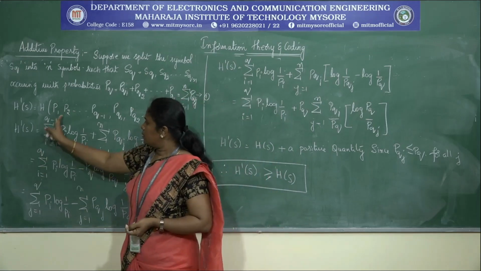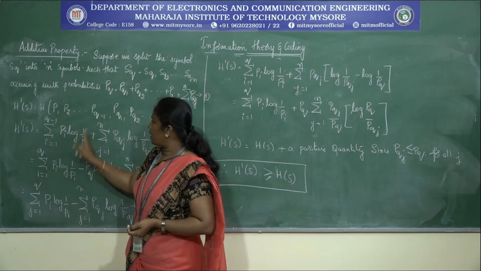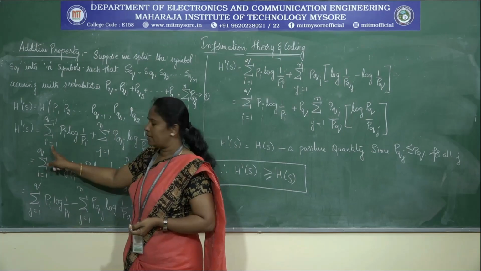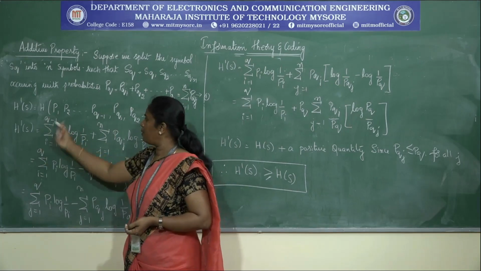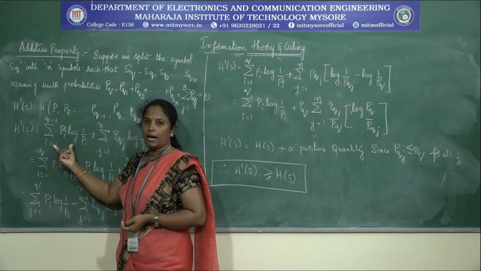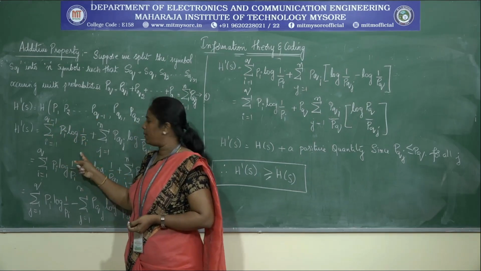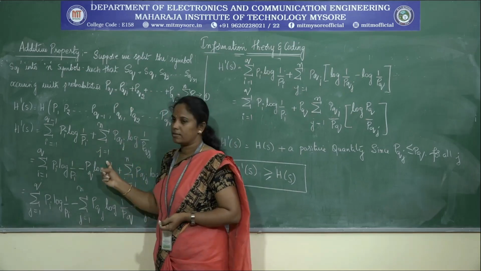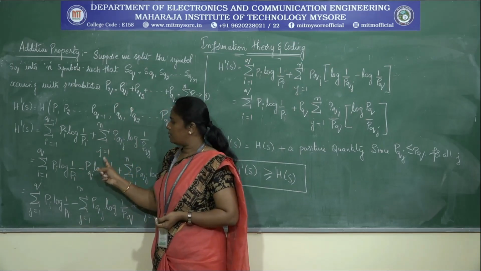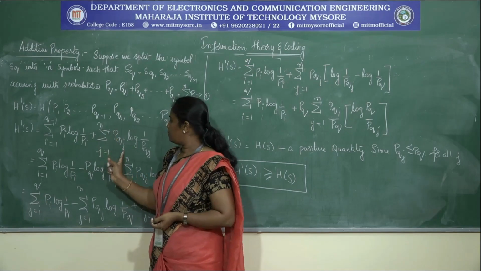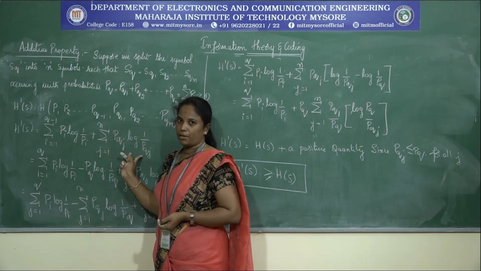So we know the entropy of this particular function is summation of i is equal to 1 to Q minus 1 Pi log of 1 by Pi, plus summation of j is equal to 1 to n Pqj log of 1 by Pqj.